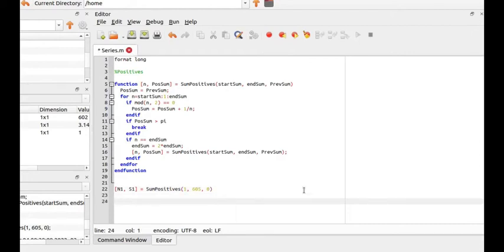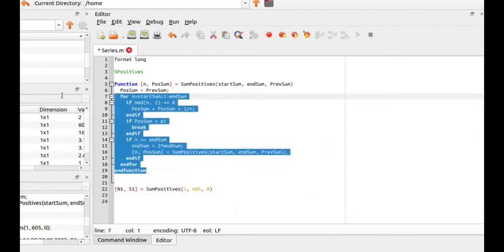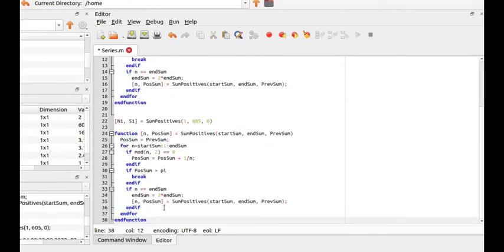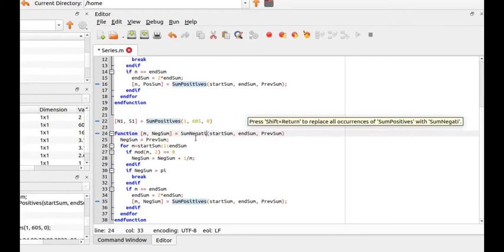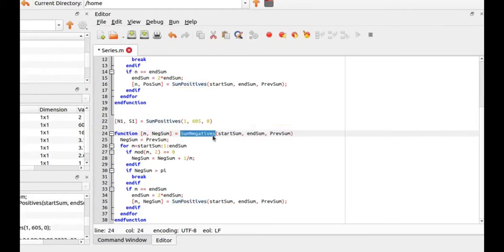Now we have to create a script for the negatives, and it is very similar to the positives, so let's just copy and modify it. We change all the n's for m, pos sum is gonna be neg sum, the name of our function is gonna be sum negatives.